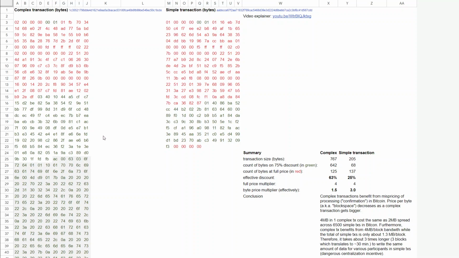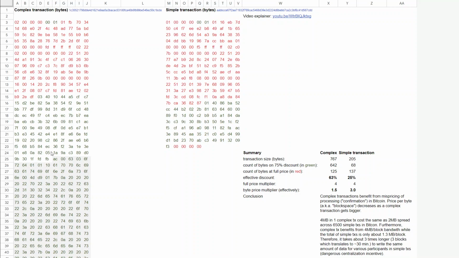In this picture, we could see two transactions broken down to their hexadecimal representation.